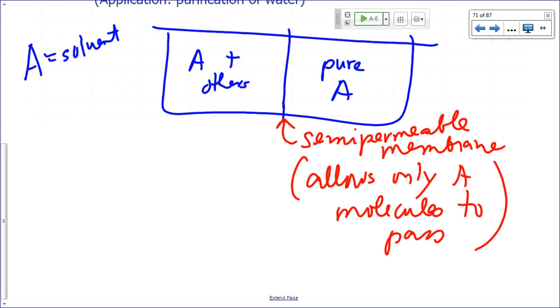The tendency is for A to go from where its concentration is higher to where its concentration is lower. That's always a general tendency you'll find in nature. Things go from where they're concentrated to where they're less concentrated. So there's a tendency for A molecules, or water molecules if you're dealing with an aqueous solution, to go from the pure side to the contaminated side. Okay? So that movement of water molecules through a semi-permeable membrane is called osmosis.